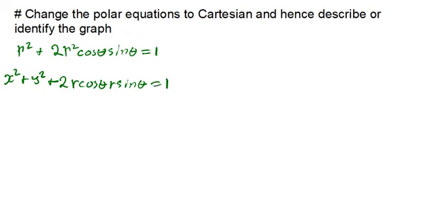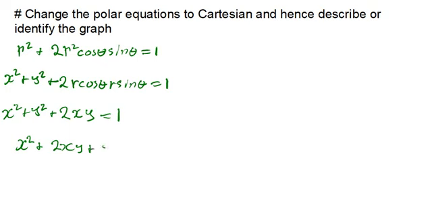So we have x squared plus y squared plus 2, where r cos theta is x and r sin theta is y, equal to 1. Written in the proper format, we have x squared plus 2xy plus y squared minus 1 is equal to 0.